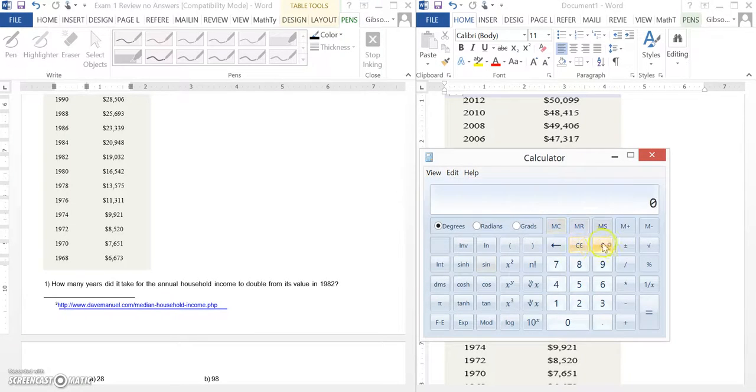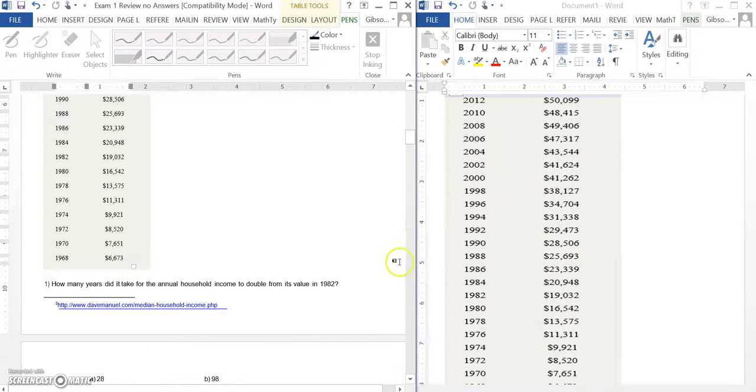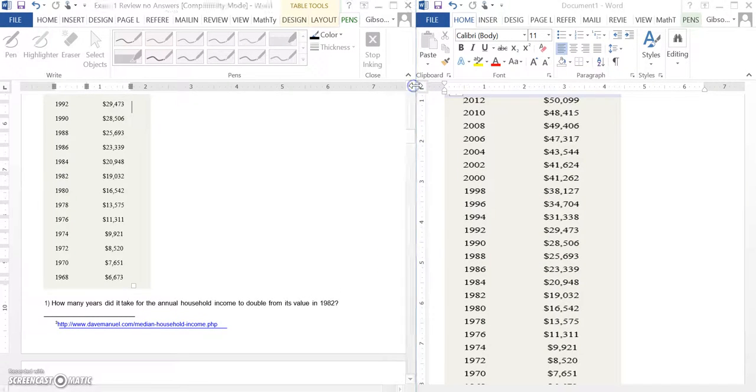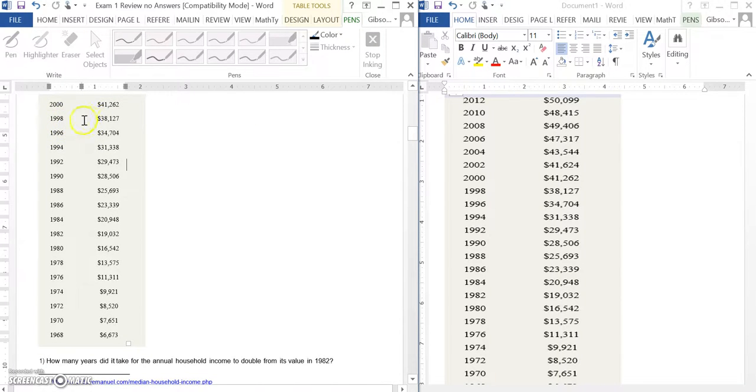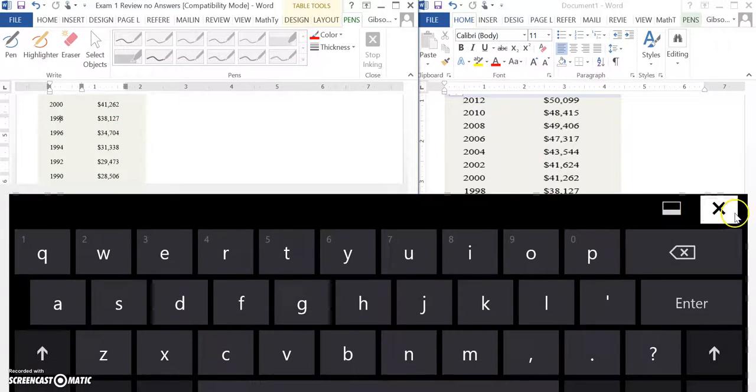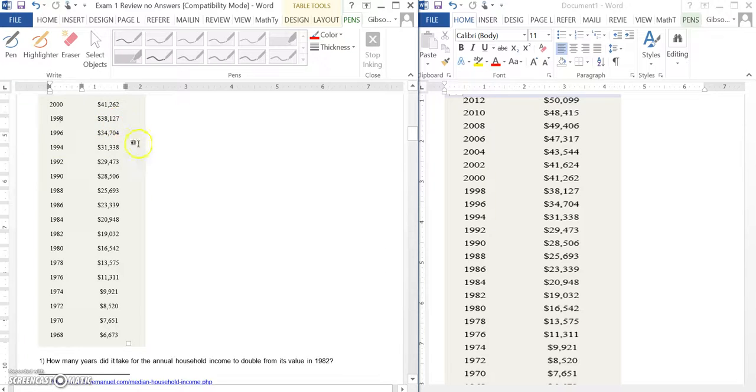We have to double that value. So we'll take 19,032 times 2. So we have 38,064. So what we have to do is find the year that is closest to 38,064. So we scroll up here. The year that's closest to 38,064 is 1998.